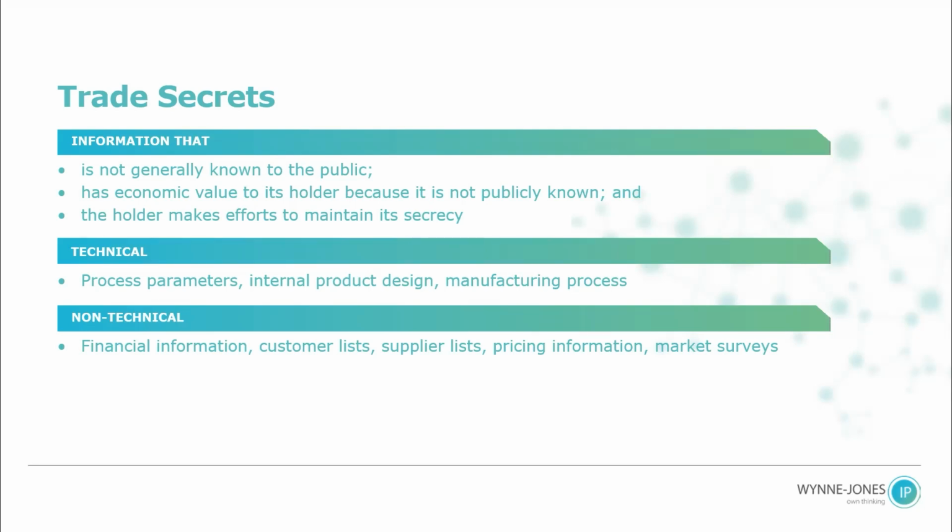It's something else. With trade secrets, the information can be technical. It could be process parameters, internal product designs, manufacturing processes, those sorts of things. Things that are internal, you don't expose to the public, because they can't be generally known to the public. It may be accessible to the public, but not generally known. A good example of that is manufacturing processes.